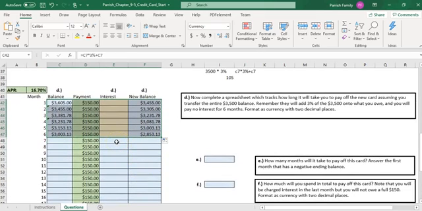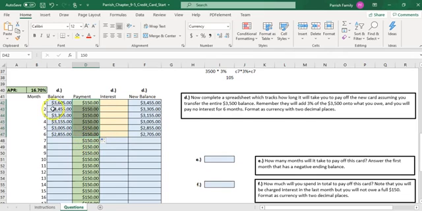But now I need to start paying interest. All right, so I just realized I made a mistake. When I calculated this first one, I used that 3%. So when I drag down, I only want to select this one and drag it down, but I'm going to need to go back and fix these 150s again, like I did the last time.